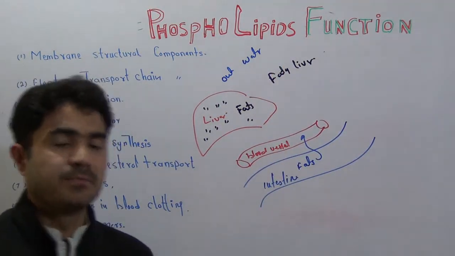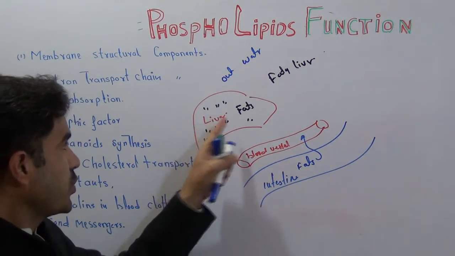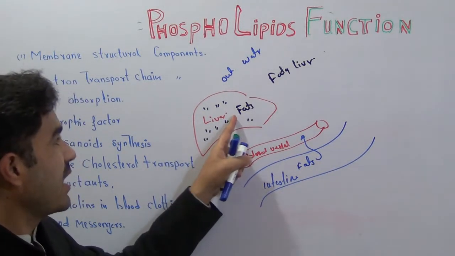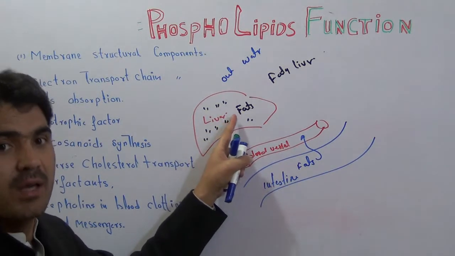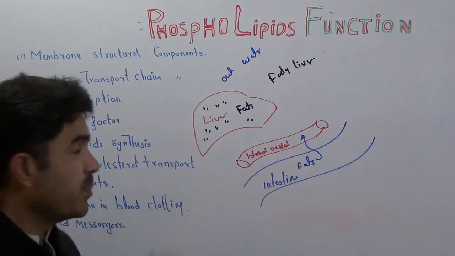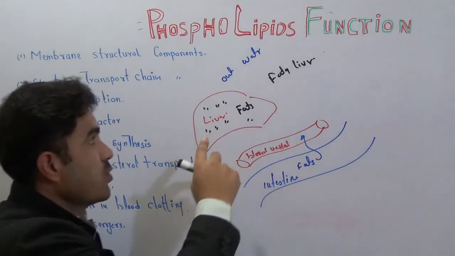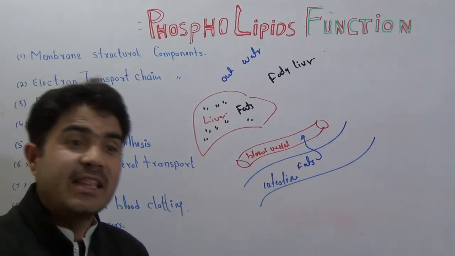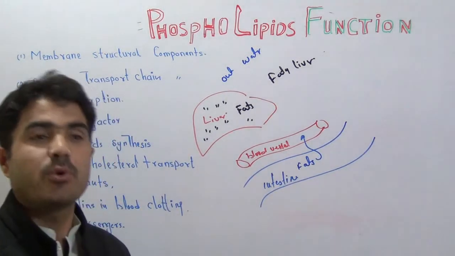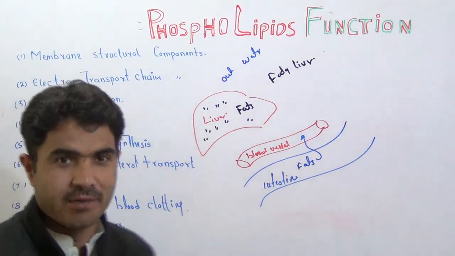So fatty liver must be prevented, and we should adopt some changes so that the fats are not accumulated in the liver. So who will help us? That is the phospholipids. Phospholipids will not let the fats be accumulated in the liver, so there will be no chances of fatty liver. Therefore, phospholipids are also called lipotrophic. Lipotrophic means they will not let fats be accumulated inside your liver.